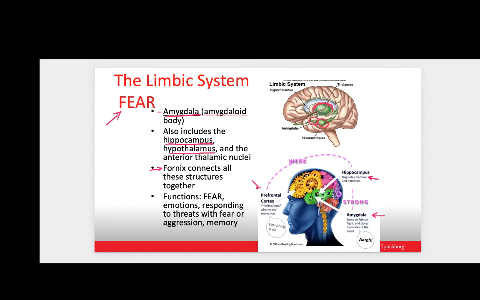We also pull in our prefrontal cortex, where we have higher cognitive functions that tell us kind of rationally how to react. But they also are receiving input from the amygdala, which is going to be more of the emotional response.